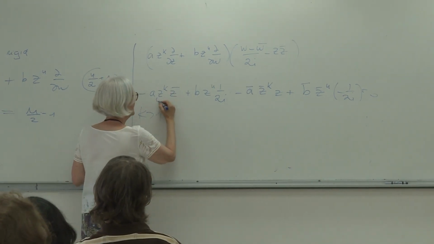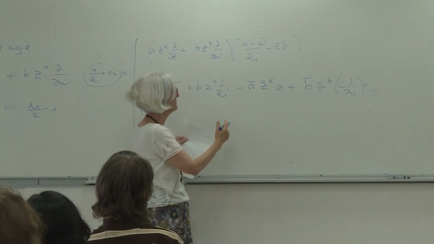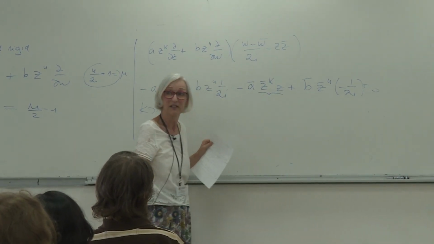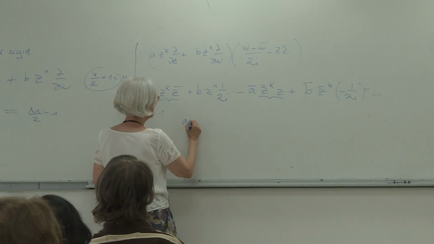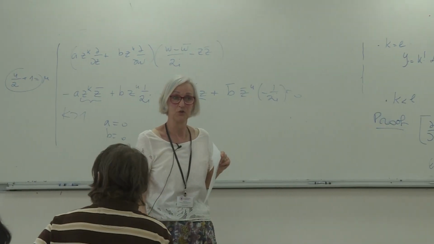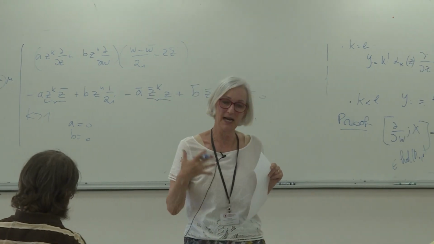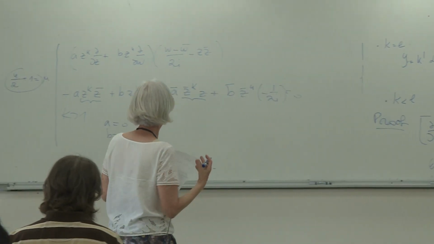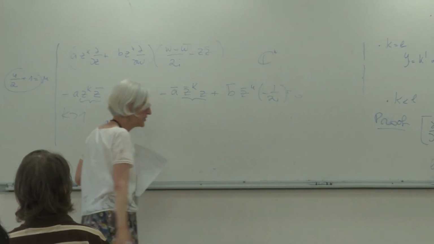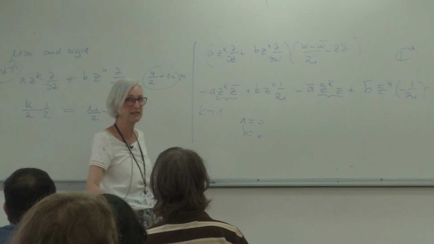This guy can never compensate with anybody because this guy is not available and they are different. So the only solution is A equal to 0 and b equal to 0. This is the good news. And it's the same phenomenon if you take Levi non-degenerate in C^n. But if you lose the non-degeneracy, then everything goes down.